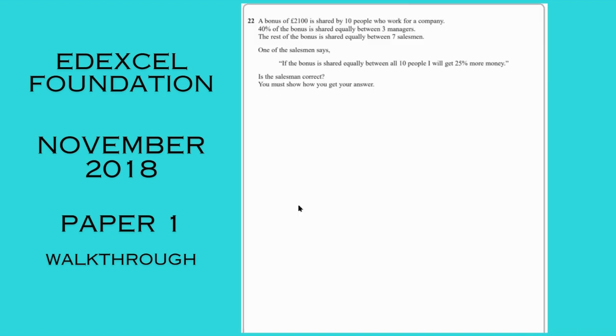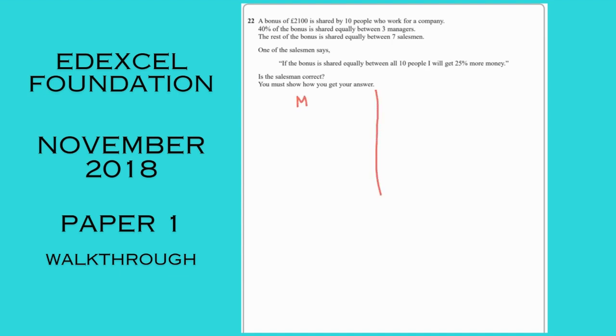So we have a very wordy question for number 22. Keep it simple, one line at a time for all these questions. So here we go. The bonus is shared between 10 people. 40% goes to the managers.